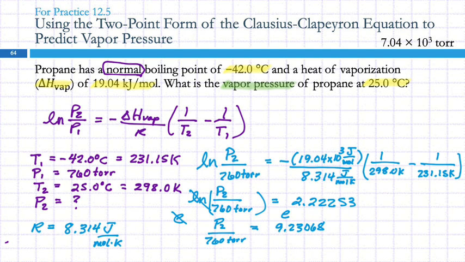And so then I'd have to multiply that by 760. And I get, oh, it's close. So that would be 7.02 times 10 to the third torr.